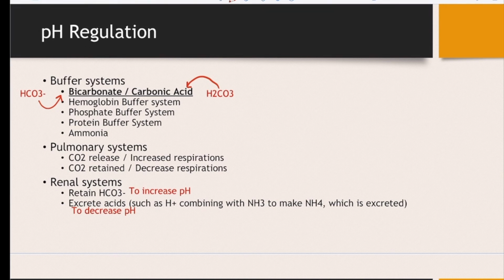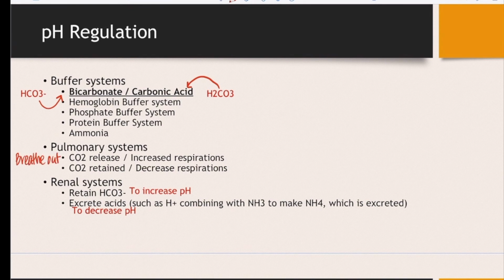Now, like I said just previously, we also have pulmonary and renal systems that work together. So pulmonary, meaning breathing in and out. As you guys know, when you breathe out, you are releasing CO2. And when you breathe in, you are taking in oxygen. So if you wanted to get rid of a lot of CO2 within your system, you would increase your respirations and really try to blow off this CO2.